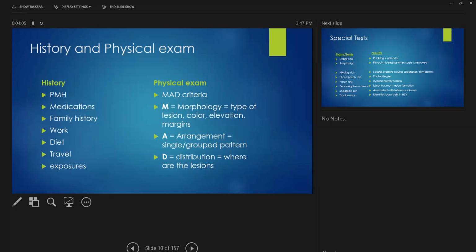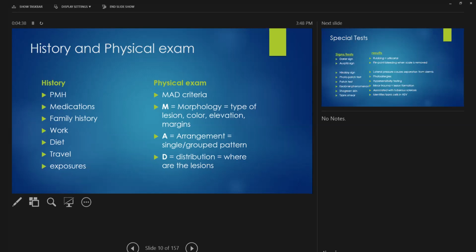When taking a history for a dermatologic complaint, we want to make sure that we get the patient's past medical history, any medications they may be taking, a good family history, what they do for work, their diet, as this may cause systemic manifestations, and any travel or exposures they've recently had. In the physical exam, it's helpful to use a criteria, which I alluded to before.